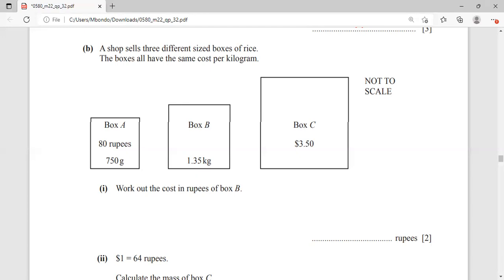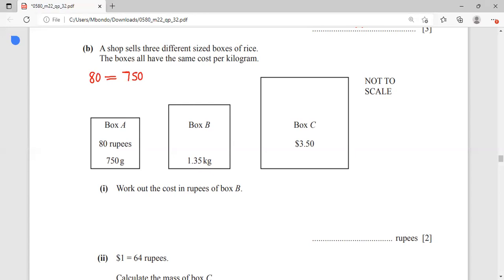So you need to understand that the first box is going to give us the price per kilogram. We are being told that 8 rupees is equal to 750 grams.